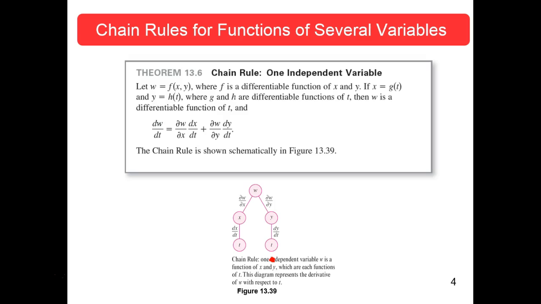W is a dependent variable. One dependent variable, w, is a function of x and y, which are each functions of independent t. Sorry about that. That's in the book as well. I'm going to mark out the IN there.